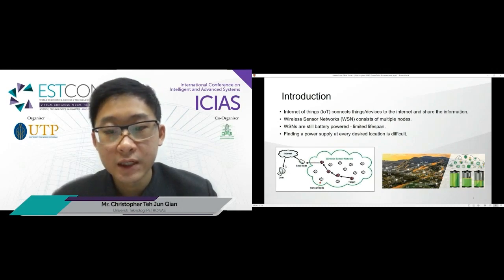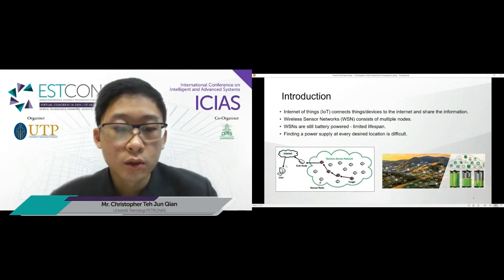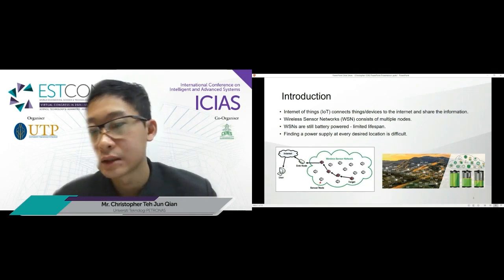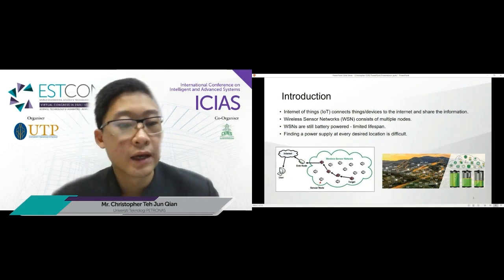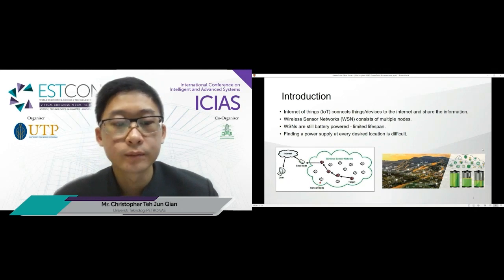However, some of these WSNs are still battery powered, because finding a power supply for WSNs at every desired location is very difficult. Therefore, this causes them to have a limited lifespan.